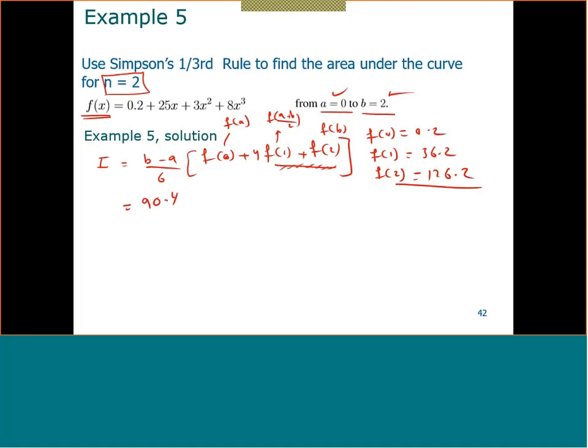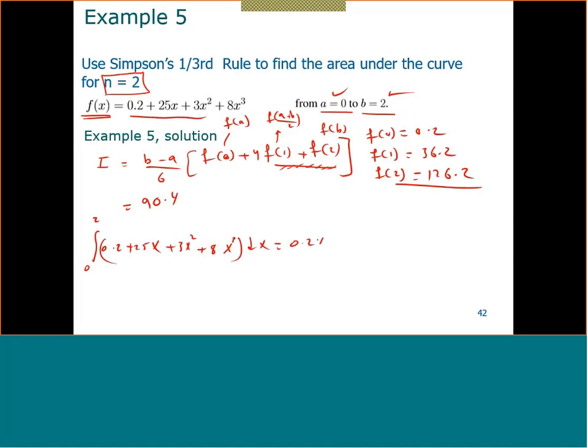I will answer the question after I finish the question here. So this is the approximation with n equal to 2. Now this function is easy to find the integration of. So let's find the integration for this one. Integration from 0 to 2 of 0.2 plus 25x plus 3x squared plus 8x cubed dx.